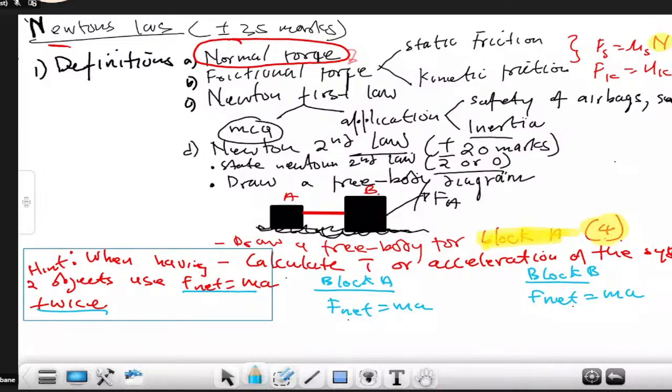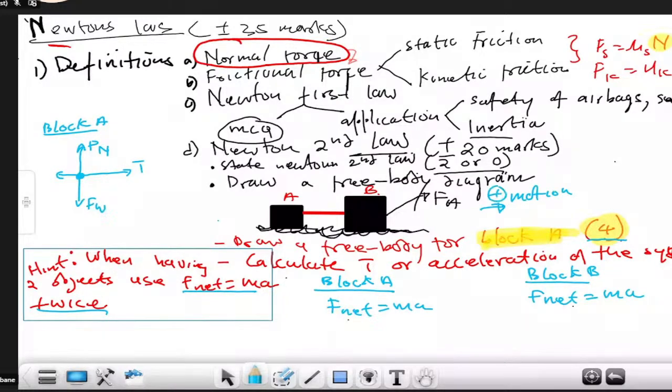Let's go back. Draw a free body diagram for A. So I am drawing a free body diagram for block A here. That will be F normal, Fw, and this will be my tension force. And because we assumed that it is moving in this particular direction, which we take as positive, I am going to have my Fk there.